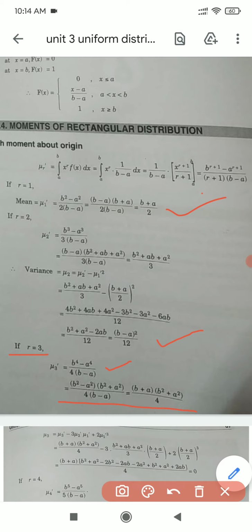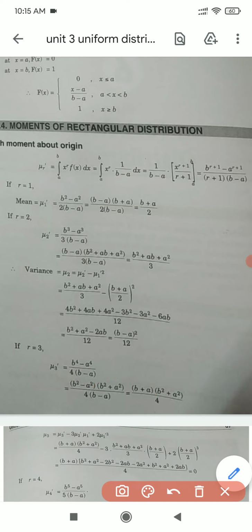Then this b square minus a square we can write as b plus a into b minus a. Then b minus a will get cancelled and you will be left with b plus a into b square plus a square, divided by 4.